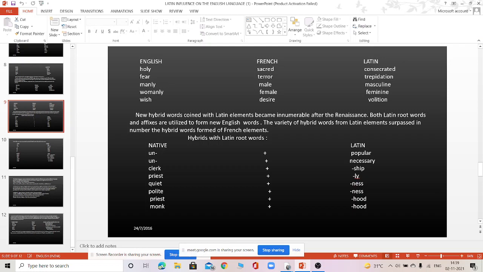As you see, this word is a much more complicated, bigger word. Consecrated means holy, something that is holy in nature.